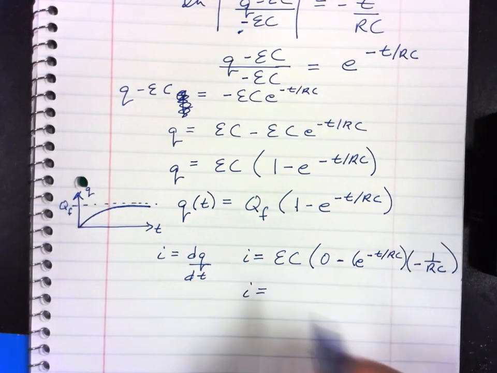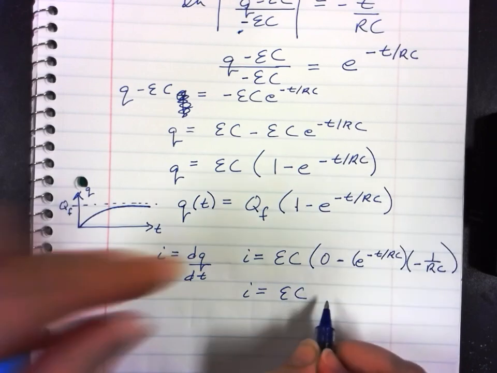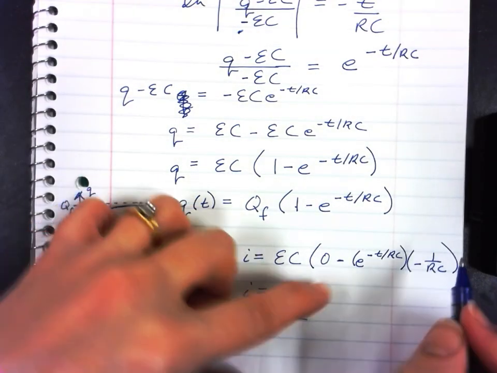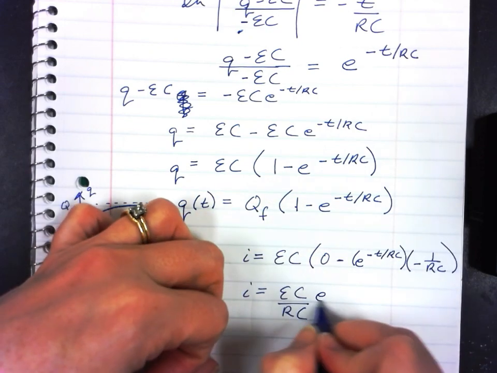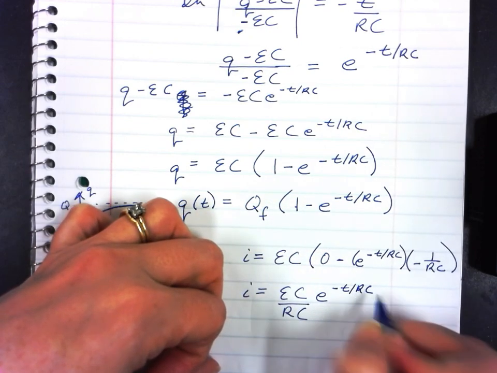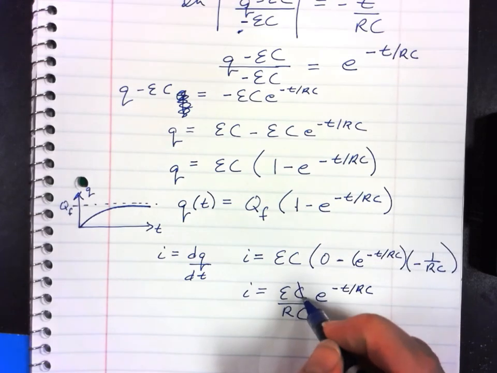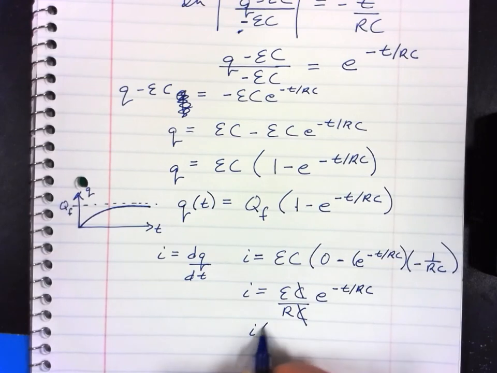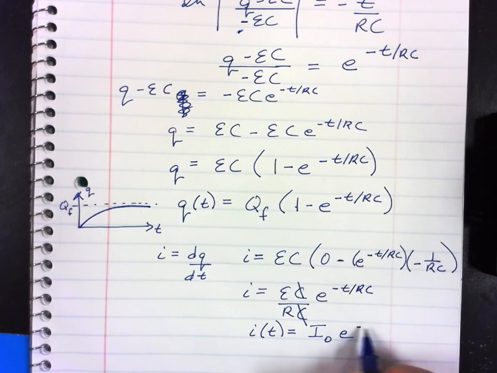So we get a whole bunch of cancellation here. We have EC in the front, over RC, two negatives cancel out, and we get e to the negative t over RC. Notice C cancels. That's the EMF of the battery over the resistance of the resistor. So this equation is the initial current, and it is regular exponential decay.